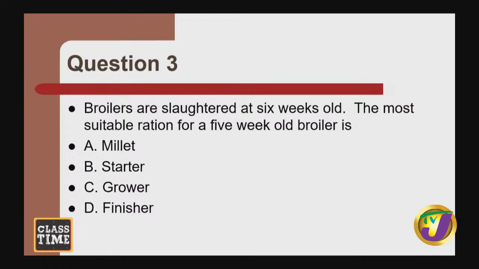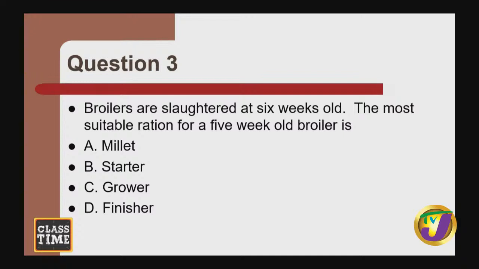The most suitable ration for a 5-week-old broiler is it A, millet, B, starter, C, grower, or D, finisher? So based on what we have just discussed, students, the answer would have been B, starter, because we are taking out our chickens at 6 weeks old.